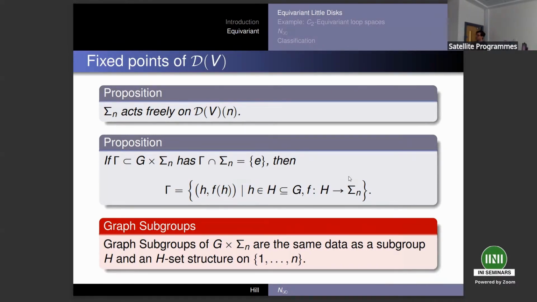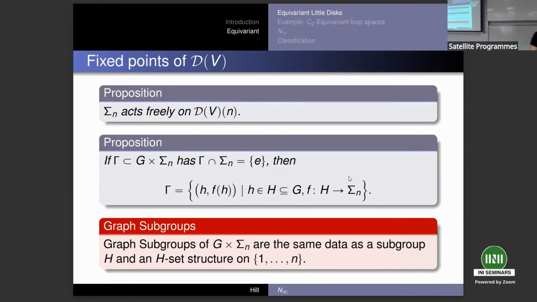Now, if you give me a homomorphism from H into sigma n, that's the same data as giving myself an H-set structure on the set of n letters. So there's a dictionary that says graph subgroups correspond to a choice of subgroup of G and an H-set structure on the set 1 to n.